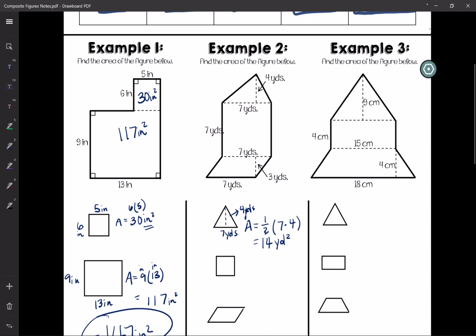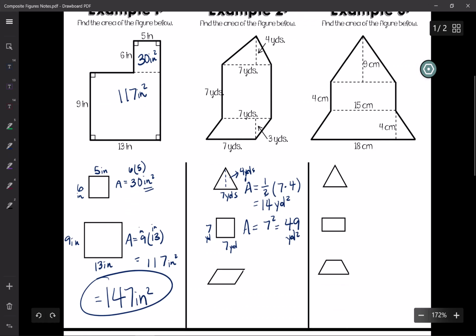For the square, it's 7 yards by 7 yards. So that's just 7 squared, which gives you 49 yards squared. For a parallelogram, we have 3 yards and 7 yards. And so that area would just be 3 times 7, which is 21 yards squared.